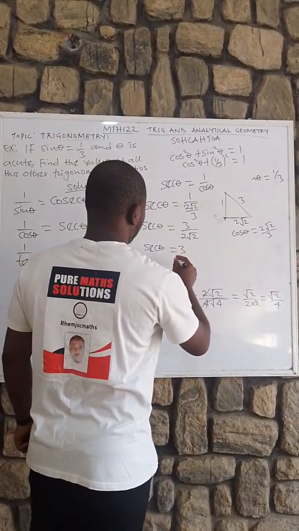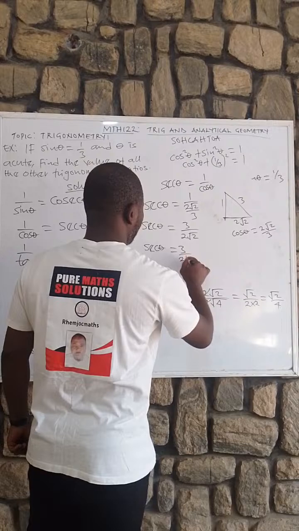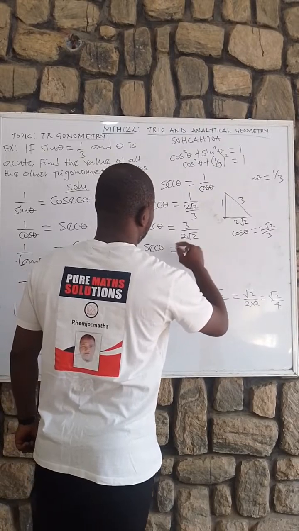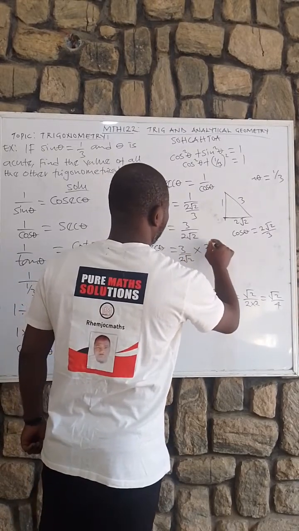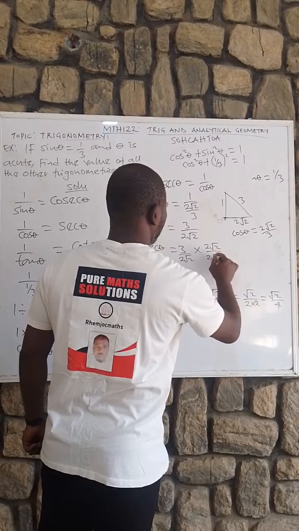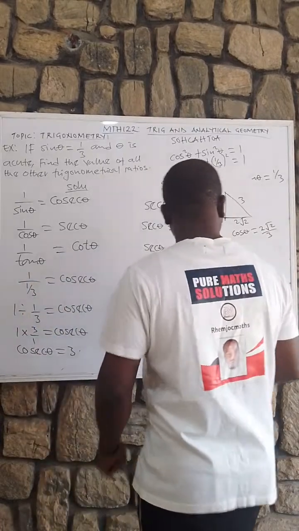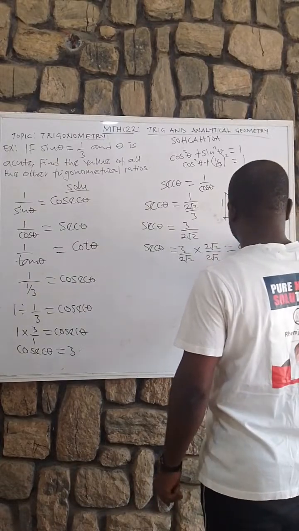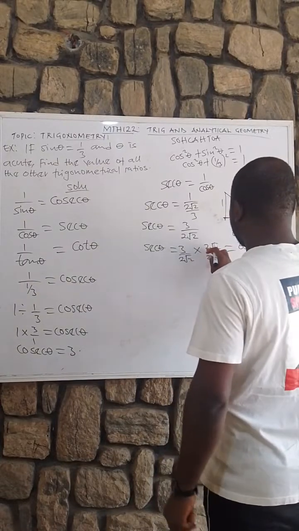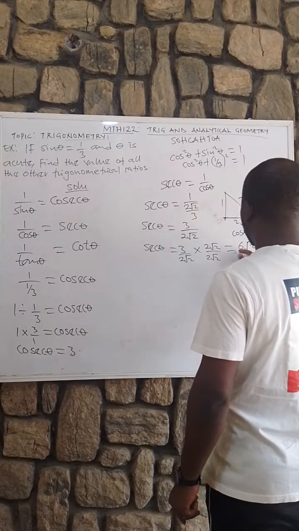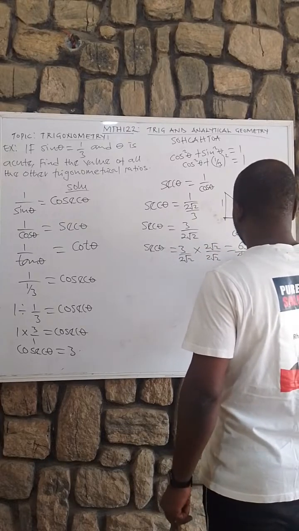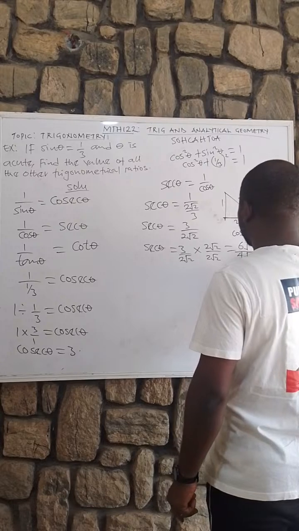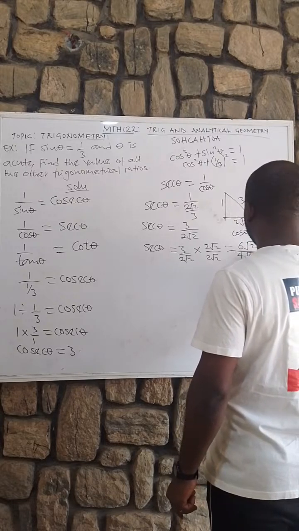So here, let's finish it and call it a day. Here will always be 2 root 2 times 2 root 2 all over 2 root 2. Then this will give us 6 root 2, because 3 times 2 root 2, all over 4 root 4, right?